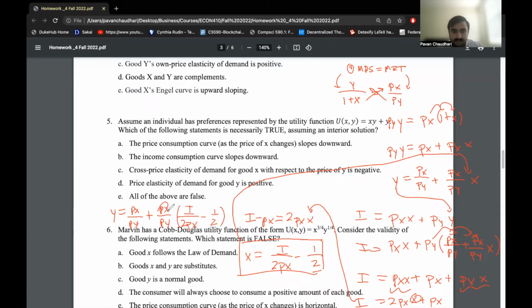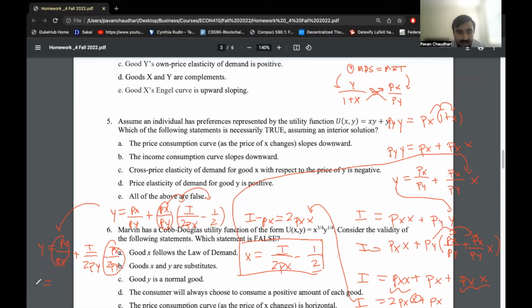We distribute this fraction through. The first one, the px's cancel, so we're left with I over 2py. The second one, we can't cancel out anything, so it's just minus px over 2py.